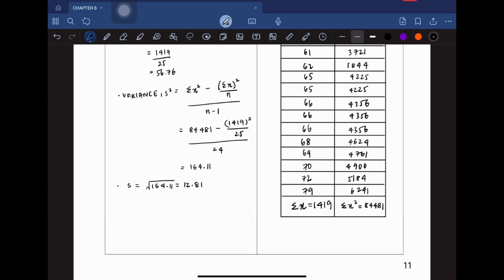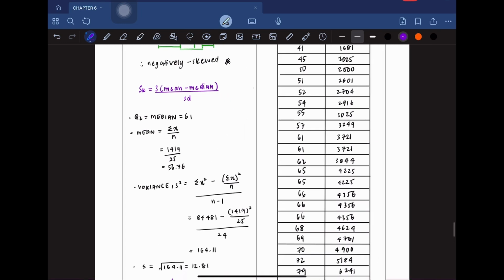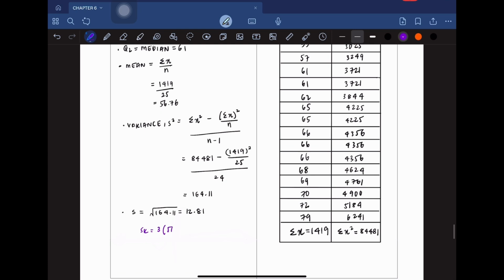Okay, and then we can find the skewness. So the skewness is 3 multiplied by mean, which is 56.76, minus median 61, divided by standard deviation, which is 12.81. So you're going to get negative 0.993.